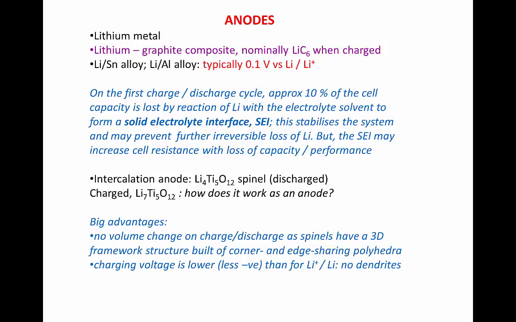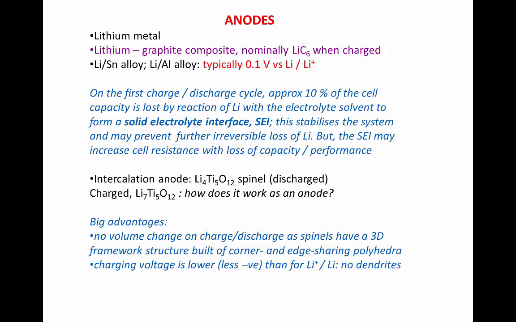And if you calculate the charges on titanium in those cases, in the initial state, Li4Ti5O12, we've got titanium 4+ for charge balance, whereas in the charged state with Li7Ti5O12, we've got a mixture of 4+ and 3+. So in the charged state, this is where it can be used as an anode and as a source of lithium. It has a disadvantage that the capacity is not high.